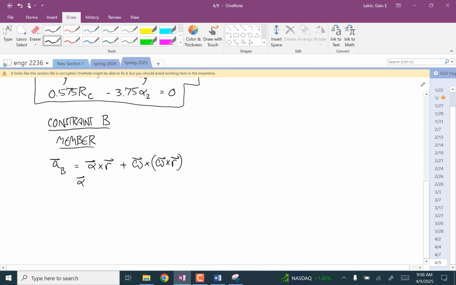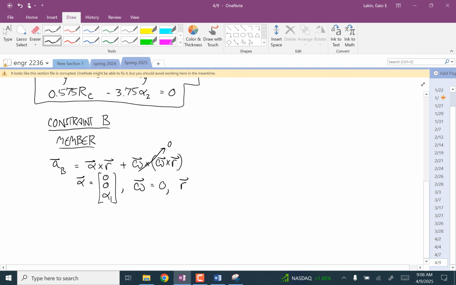So alpha is 0, 0, alpha 1. We don't know what that is, but we've already used that variable. Omega is 0, so this part goes away.